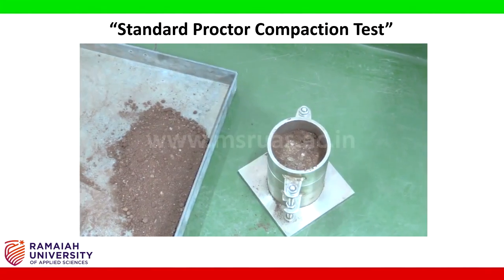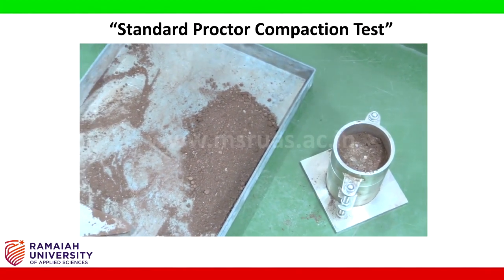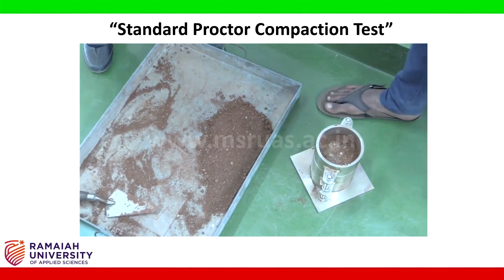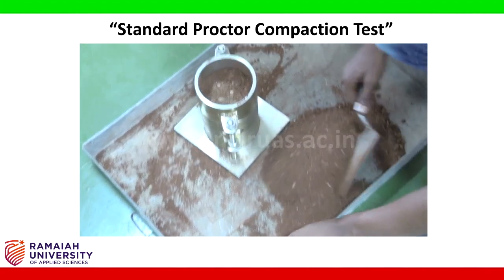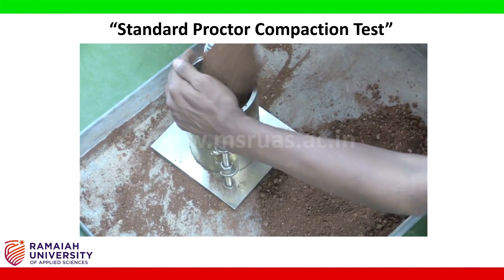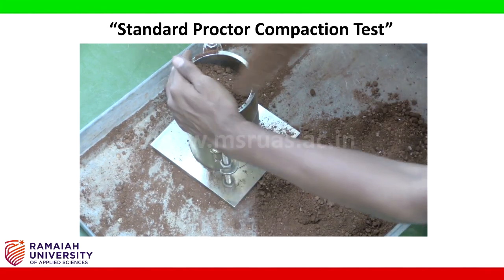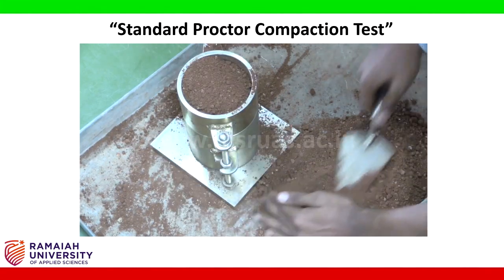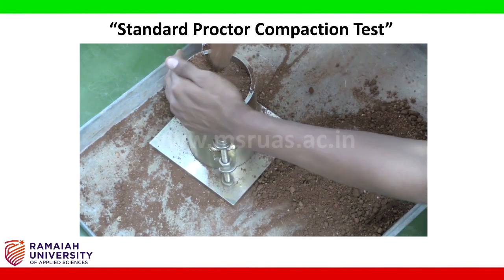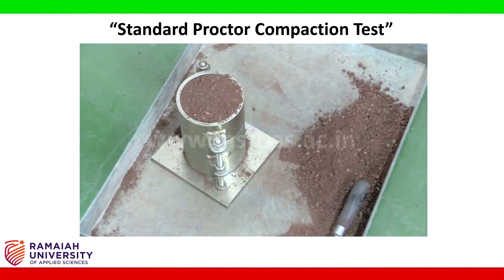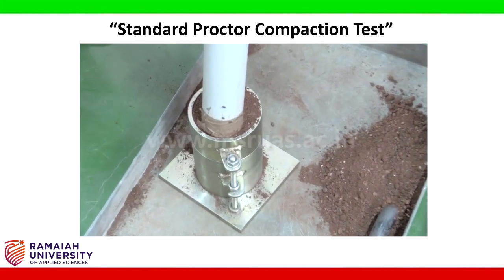Once 25 blows is over, then we will fill with the third part of the soil in the cylindrical mold. After filling the third layer, compact it using the rammer, again 25 blows.